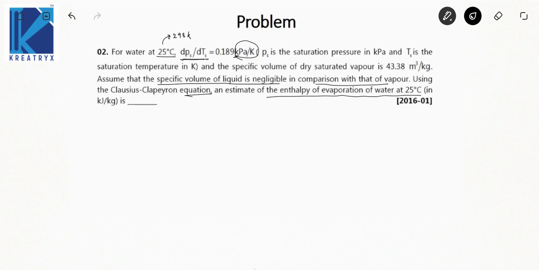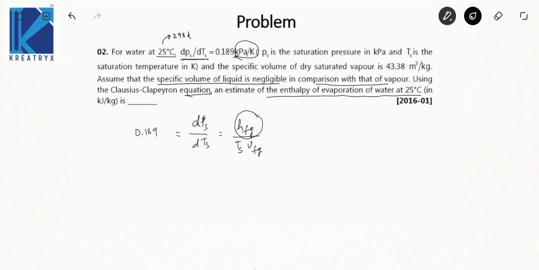Very easy question, directly on the basis of the Clausius-Clapeyron equation. What is the Clausius-Clapeyron equation? It is dPs by dTs, and it states that it is equal to hfg upon saturation temperature into vfg. Okay, hfg we have to find out. dP by dTs is equal to 0.189 kilopascal per Kelvin.